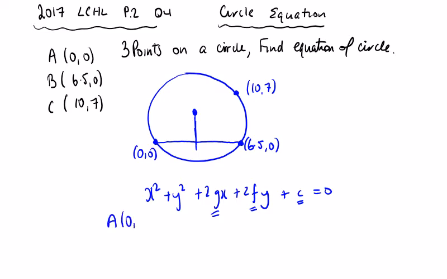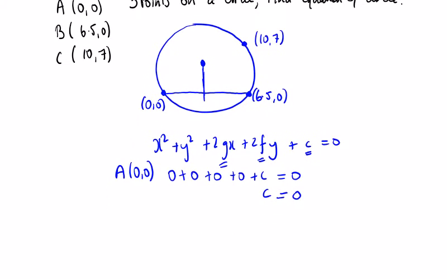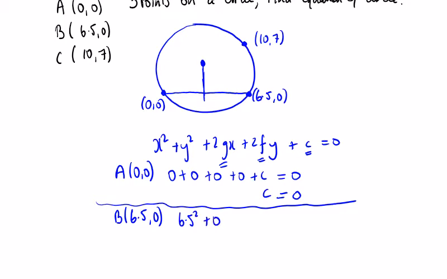So from A, 0, 0, we're going to get 0 plus 0 plus 0 plus 0 plus c equals 0. So initially we can get c equals 0, so now we've only got 2 unknowns. So putting point B in, another 0 in here, so this will work out quite quickly too. 6.5 squared plus 0 plus 2gx, so that's 13g, 2 by 6.5 is 13, plus 0 is equal to 0.